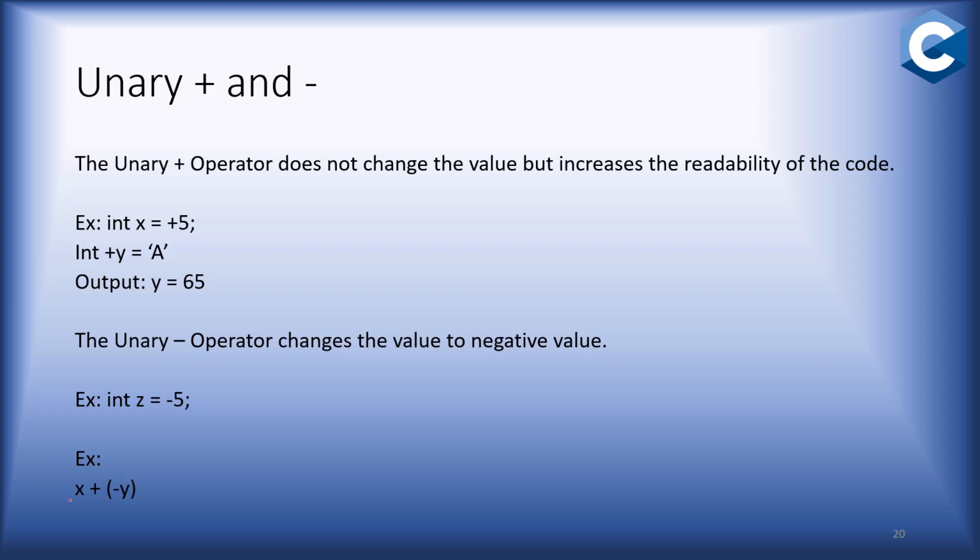This is straightforward for numerical values, but remember that unary minus also works with other data types. For example, negating a pointer changes its direction in memory. Here are some additional points to keep in mind.